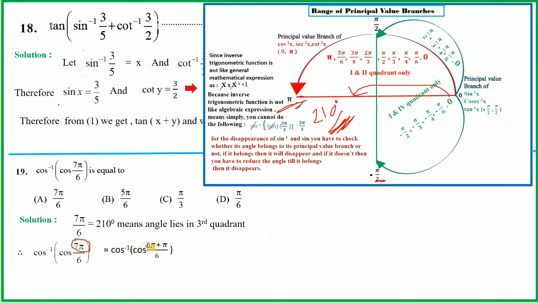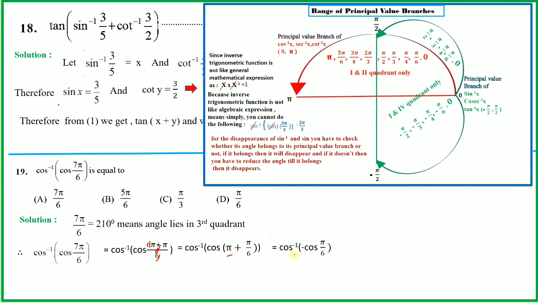The 6 pi coefficient is divisible by 6, and then the minimum value is in the second part, pi. Now we divide: 6 pi upon 6 plus pi by 6. So 6 cancels, and we get pi plus pi by 6.